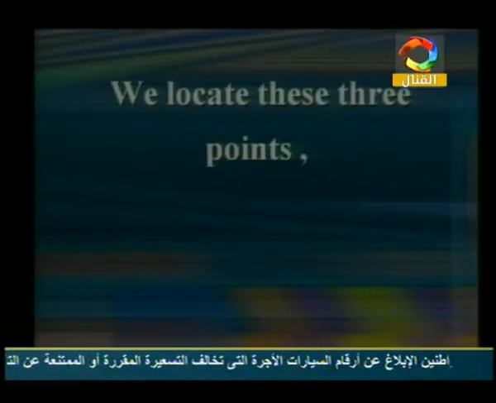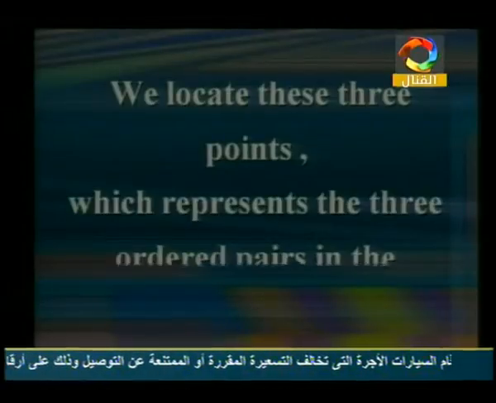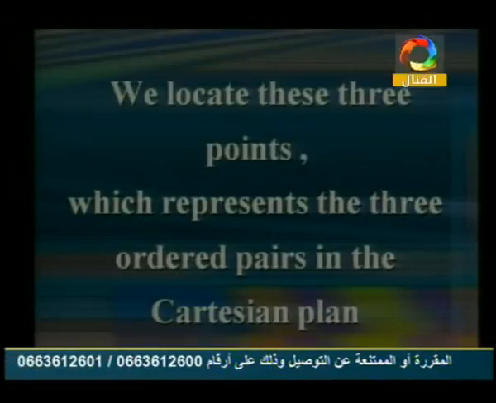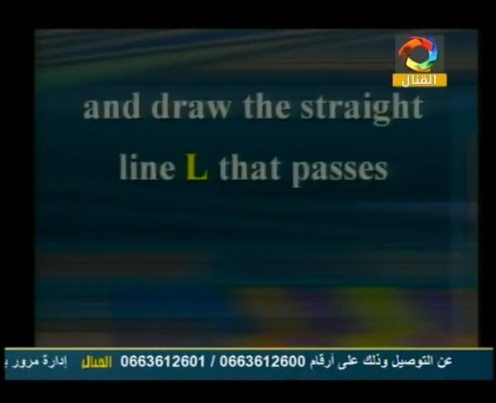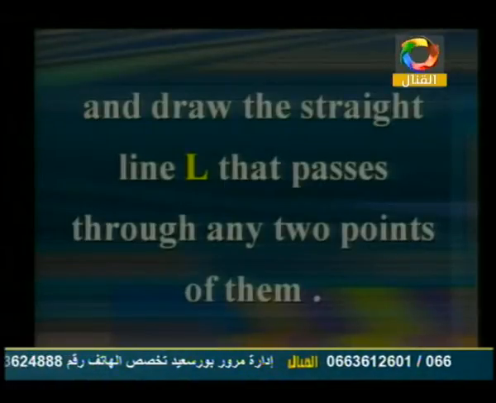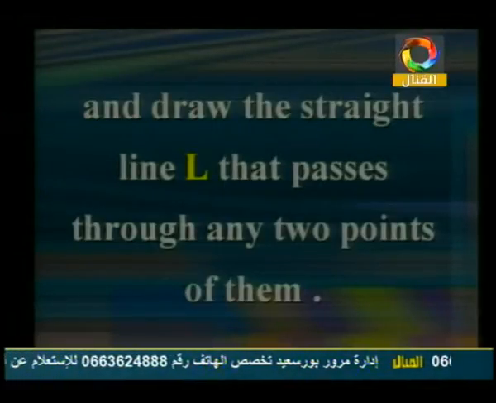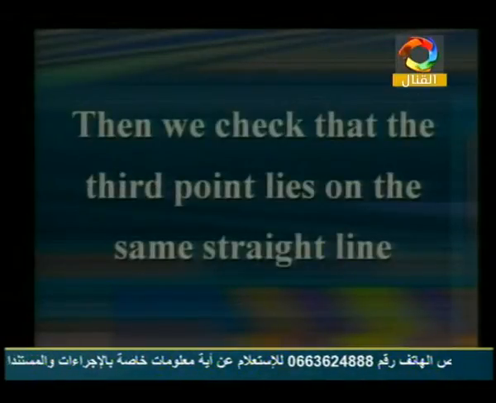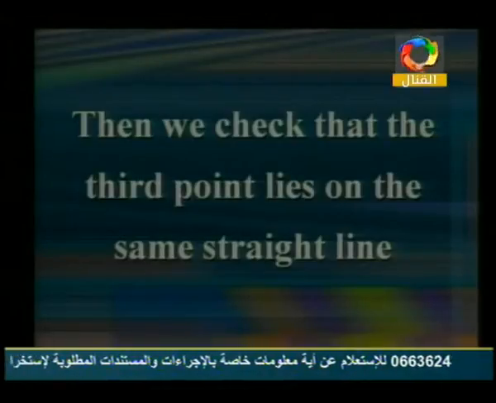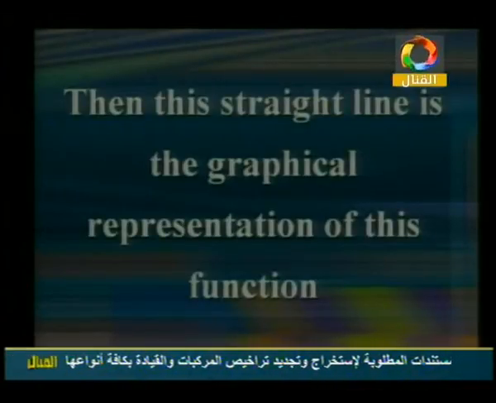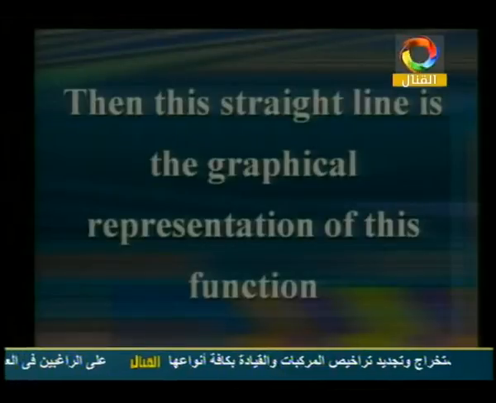We locate these 3 points which represent the 3 ordered pairs in the Cartesian plane, and draw the straight line L that passes through any 2 points of them. Then we check that the third point lies on the same straight line. Then this straight line is the graphical representation of this function.